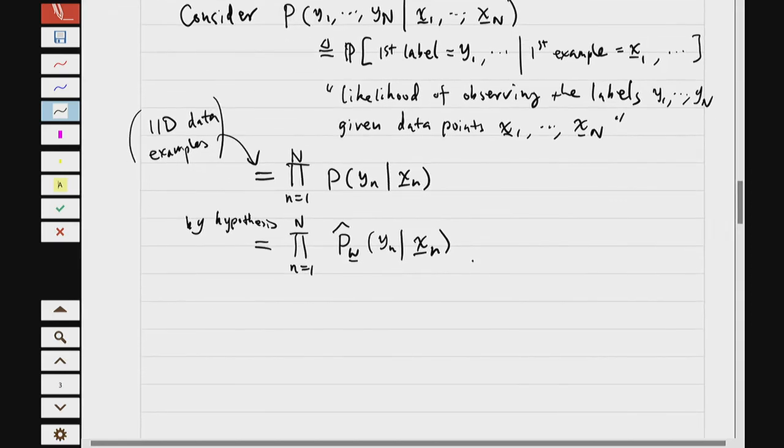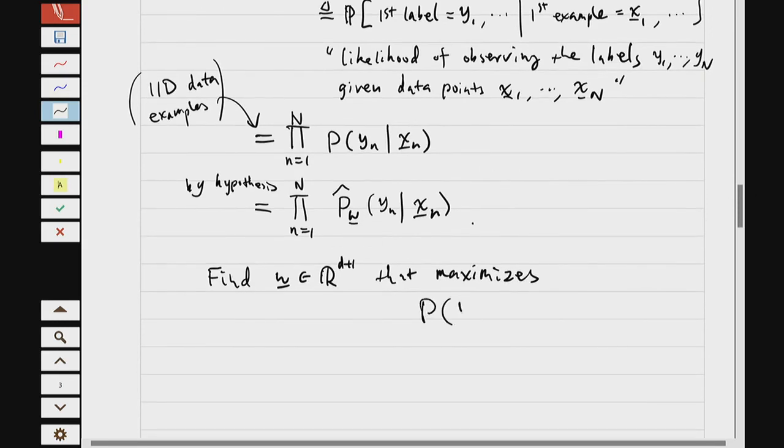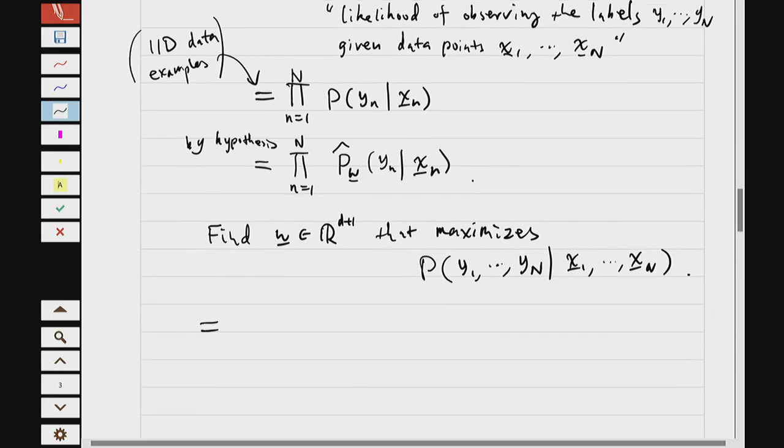We want to find a W, in the augmented form, that maximizes this probability, P(y1, ..., yn given x1, ..., xn). So that means we want to maximize this product there, right?